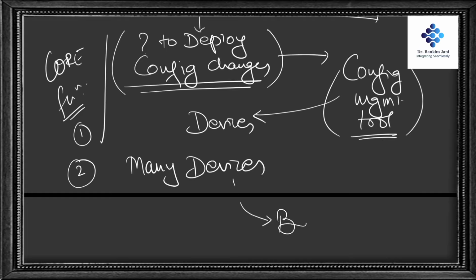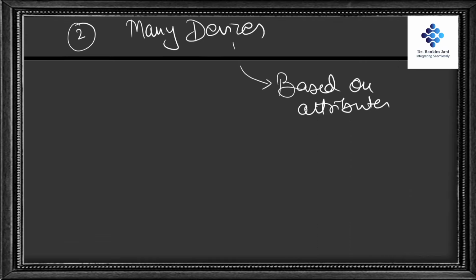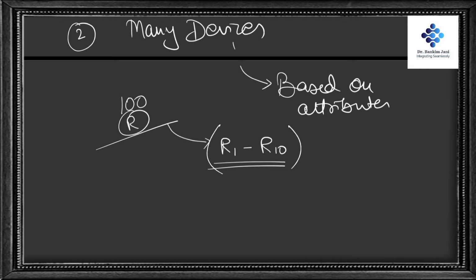What could that attribute be? Say I have got 100 routers, but I don't want all these changes on all these routers. I want these changes on routers 1 to 10, because they are for my experiment purpose, and I want to conduct this experiment on only these 10 routers. The rest of the routers I don't really want to disturb.